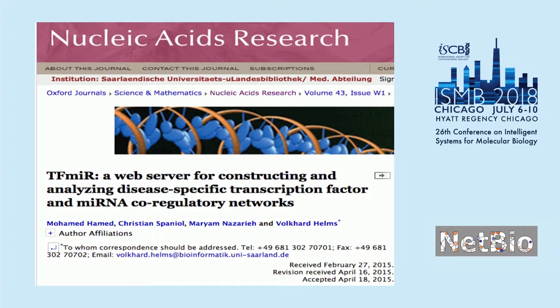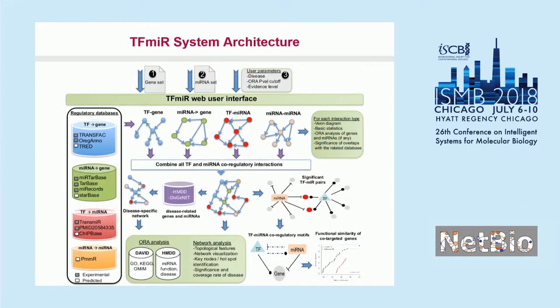The framework itself was encapsulated into our web server, which is called TFmiR. This TFmiR web server can be used in order to construct disease-specific gene regulatory networks from microRNAs, transcription factors and co-regulated genes together. As you see here, it starts with the deregulated sets of microRNAs and genes, and then pooling all the different interactions: transcription factors regulating genes, microRNAs regulating genes, transcription factors regulating microRNAs, and, if available, microRNAs also regulating microRNAs.